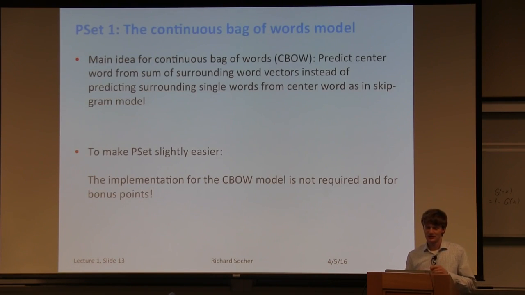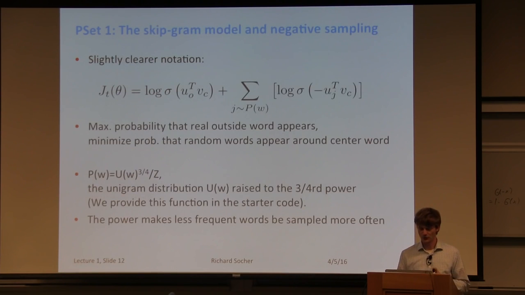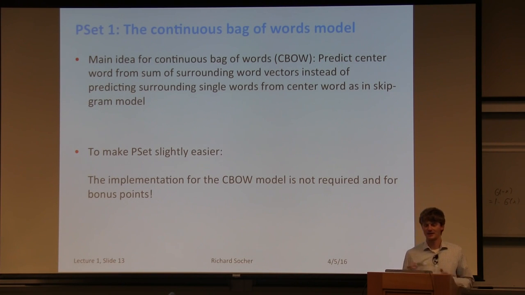All right, great. So mostly we focused on the skipgram model, where we take the inside vector and try to predict the outsides. The main idea for another very popular model, the continuous bag of words model, is actually quite similar, and you'll look at both in problem set 1. But instead of predicting the outside words from the center word, we can also average all the surrounding words and try to predict the center word.